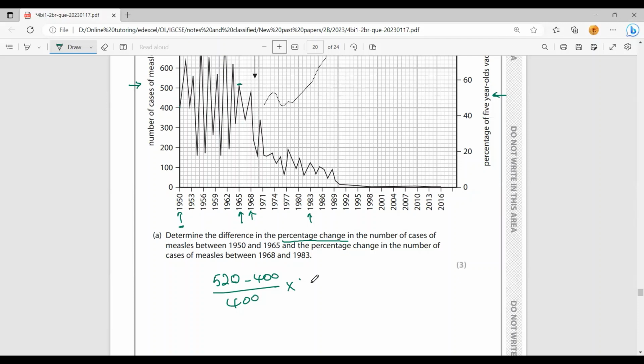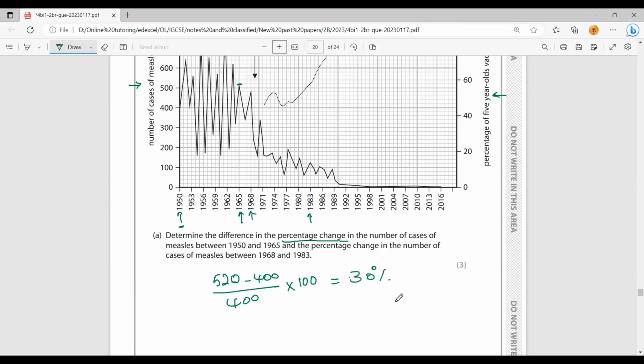Times 100 equals 30. This is going to be 18 divided by 400. It is 30%. Is the 30 just 30, or were there numbers next to it, decimals or whatever? No, it's 30.